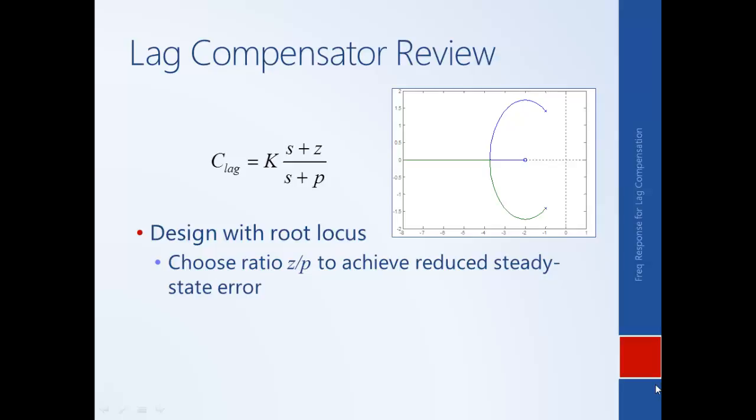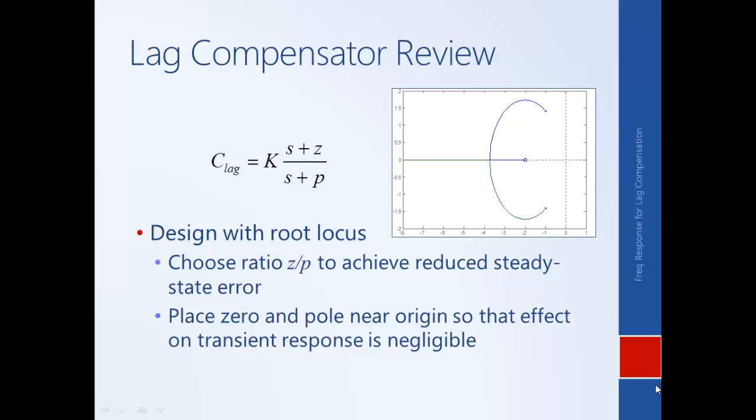Once we achieved that ratio, we then chose to place the pole and the zero near the origin so that they essentially canceled one another and didn't have much of an effect on the transient response. So we got this ratio, let's say 10, and then we just placed the pole and the zero near the origin, something like 0.1 and 0.01.